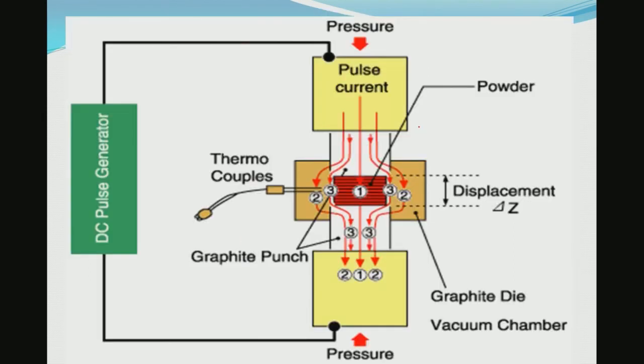And then after that, depending on how much current is passing through, the powder compact will be heated up. So, this heating is typically done by Joule's heating, where H is equal to I square R T. I is the current that is flowing through the sample, R is the resistance, that is the contact resistance, and T is the time through which this current is passing through the material.